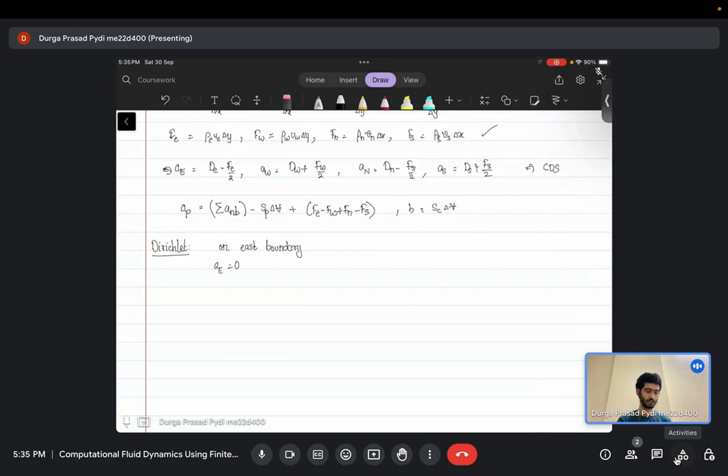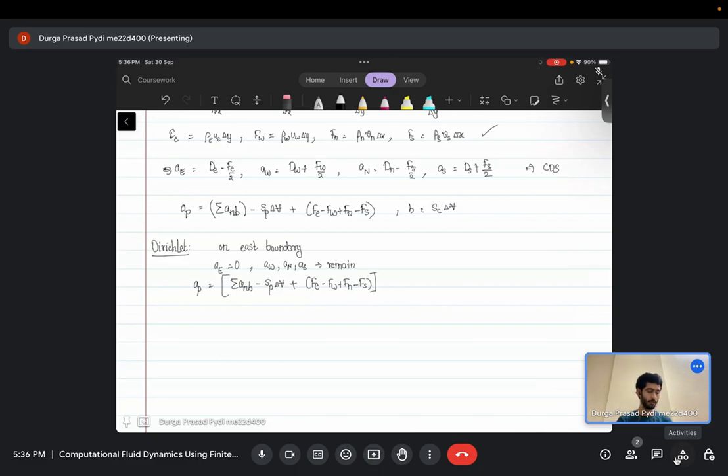So A east will go to 0 and all other remaining coefficients remain the same. So my AP is, again using the same formulation, A and B minus SP delta V plus F east minus F west. So everything else will be the same.